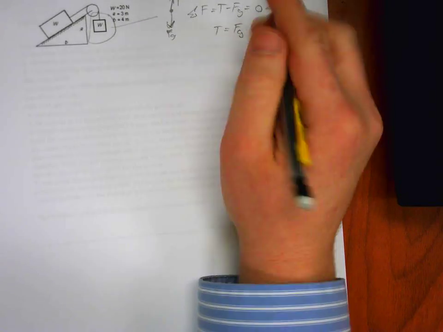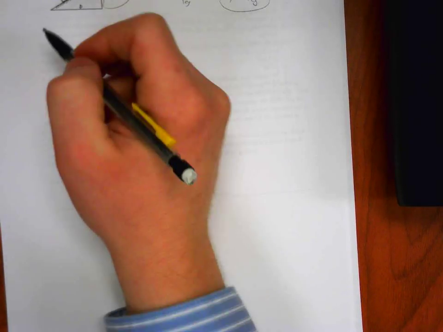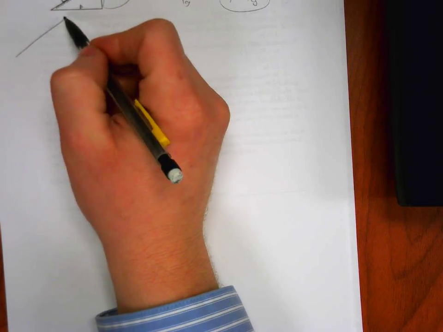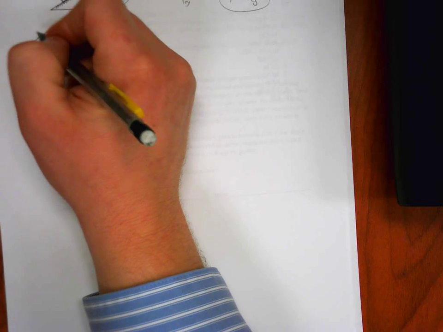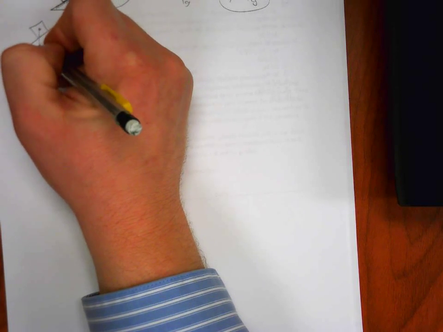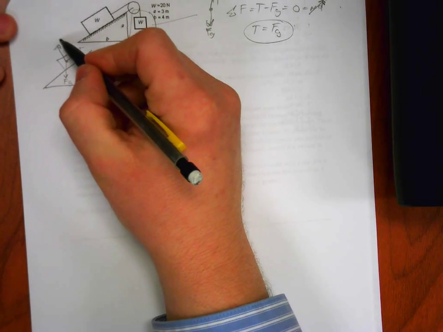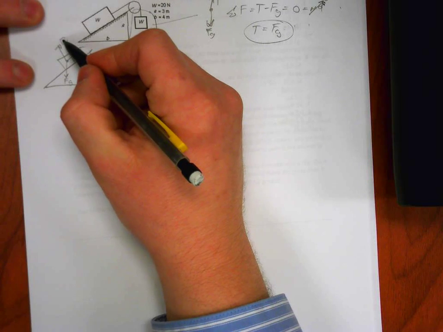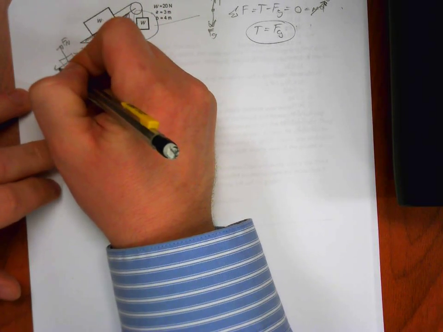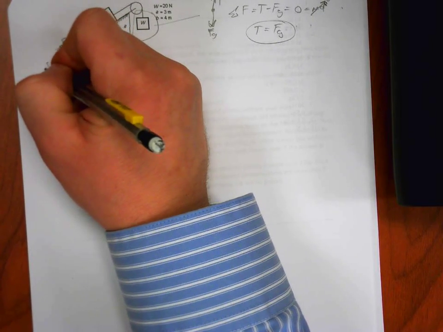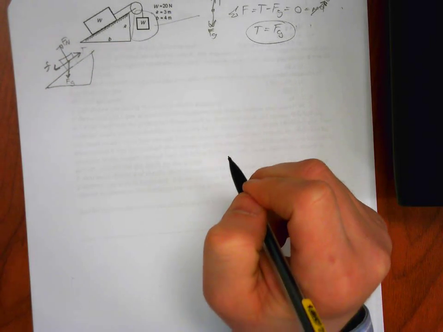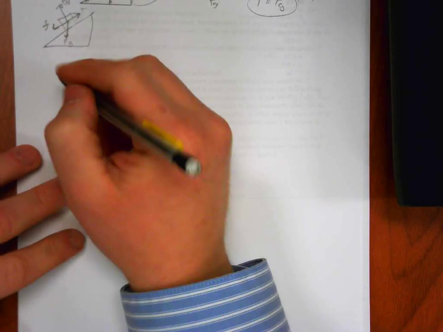All right, so need to come back to that. Let's look at all the forces. I'm going to draw my diagram first. So there is the force of gravity. There is the tension. There is the normal force. I'll draw the force of friction here.